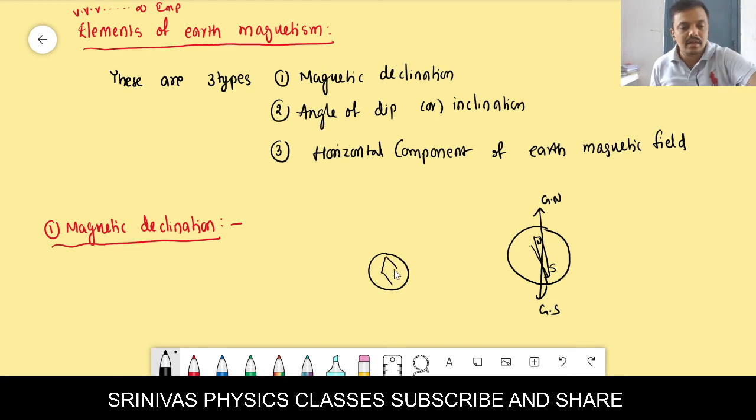Then the north of the compass pointer will show the geographical north and south will show the geographical south, but north of compass is exactly not aligned with the geographical north. A little bending is there. This is the geographical north, but actual north shows this side. The compass pointer will show some other direction. A little change, a little angle, 0 point something it will be there.